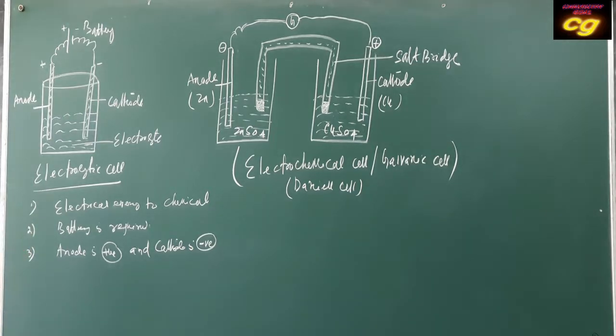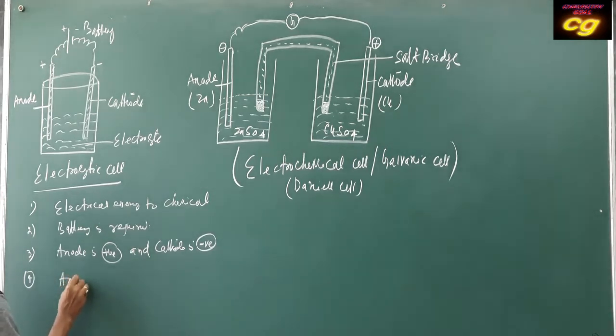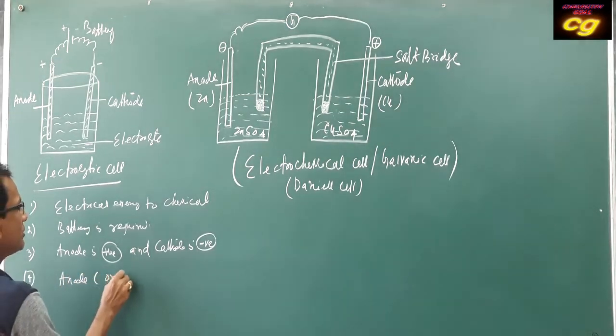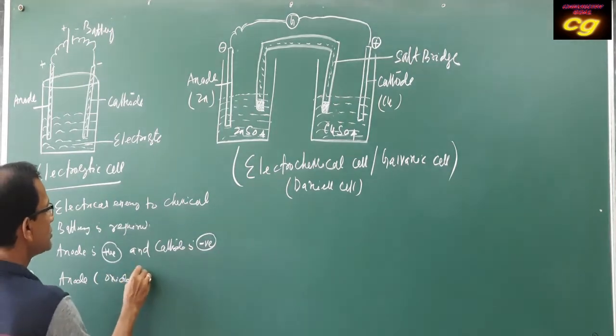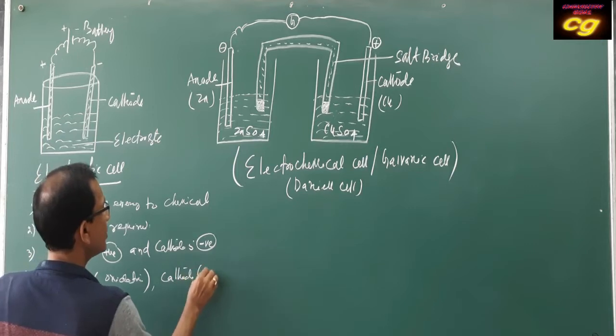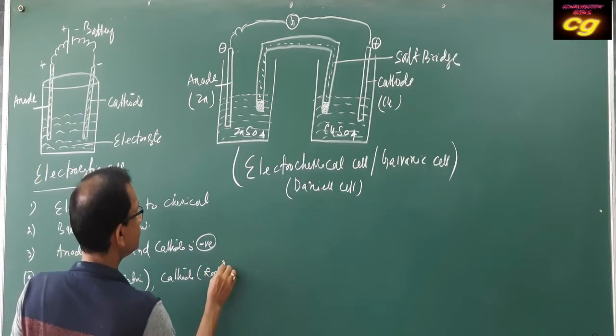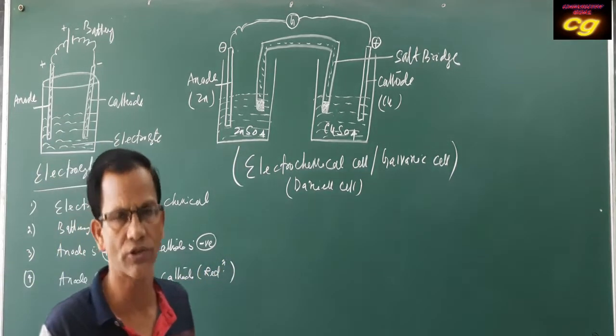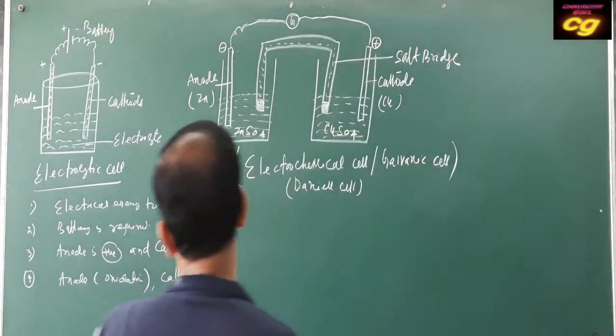And when electric current passes, in the anode an oxidation reaction always takes place. Oxidation occurs at the anode. At the cathode, reduction occurs. You have to remember, anode means oxidation, cathode means reduction.